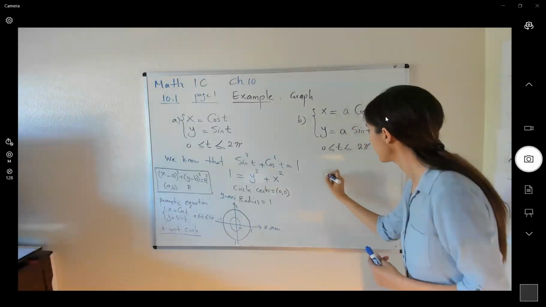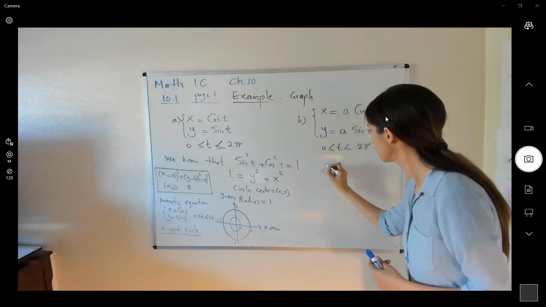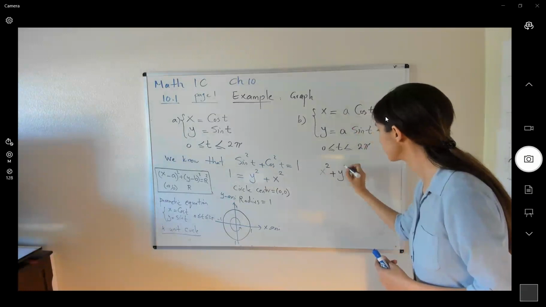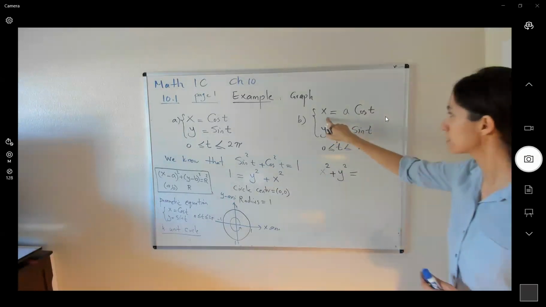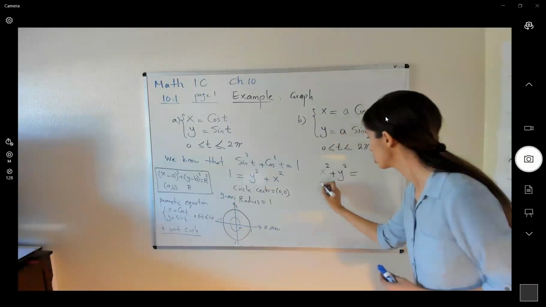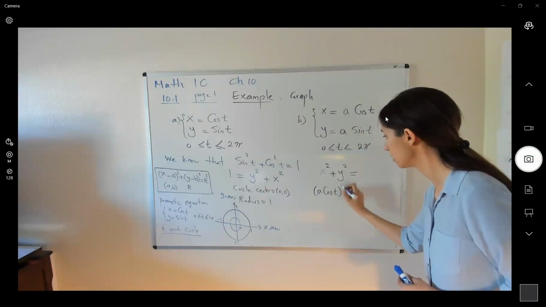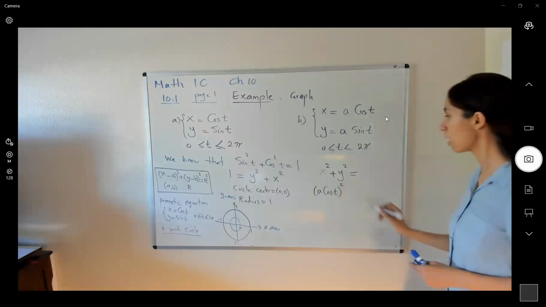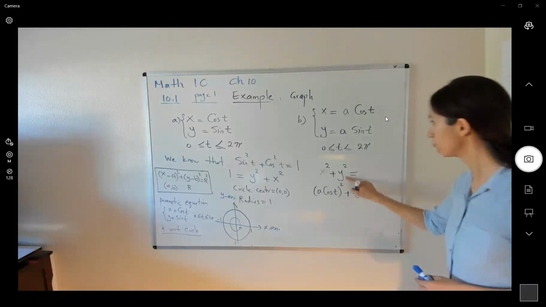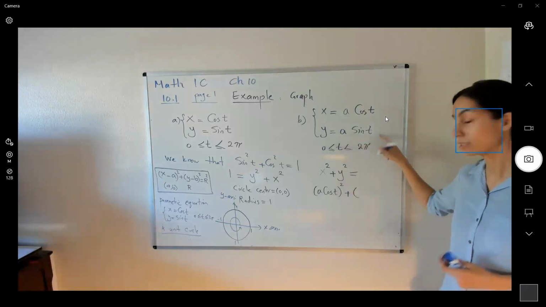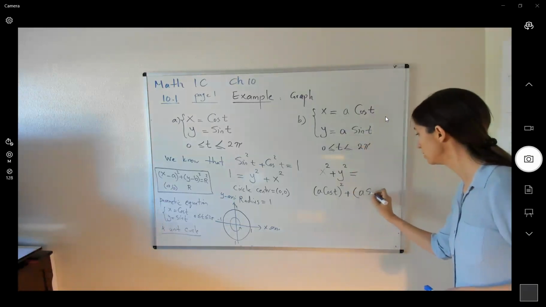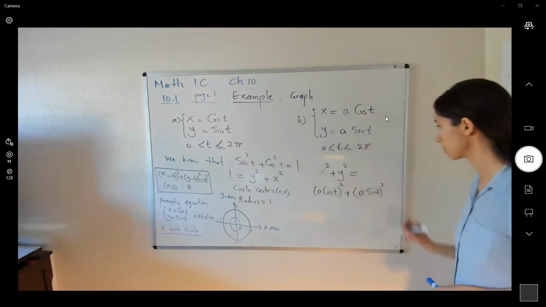So what is x squared plus y squared? My x is a cosine t, so this is a times cosine t, everything raised to the second power, plus my y is a sine t, so I'm going to raise a sine t to the second power.